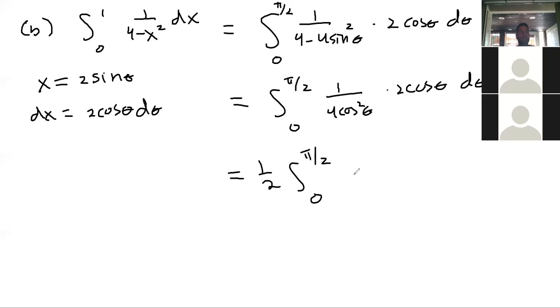And now you have to integrate 1 over the cosine, which is the secant. Now, on the previous homework, we asked you to compute the integral of the secant.